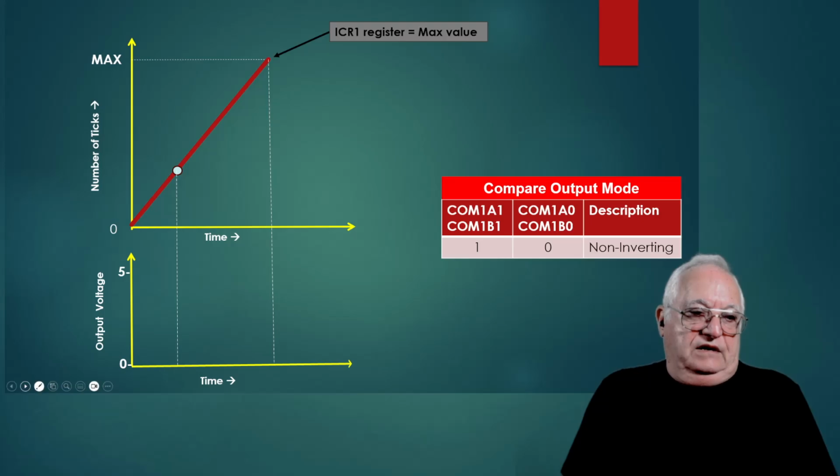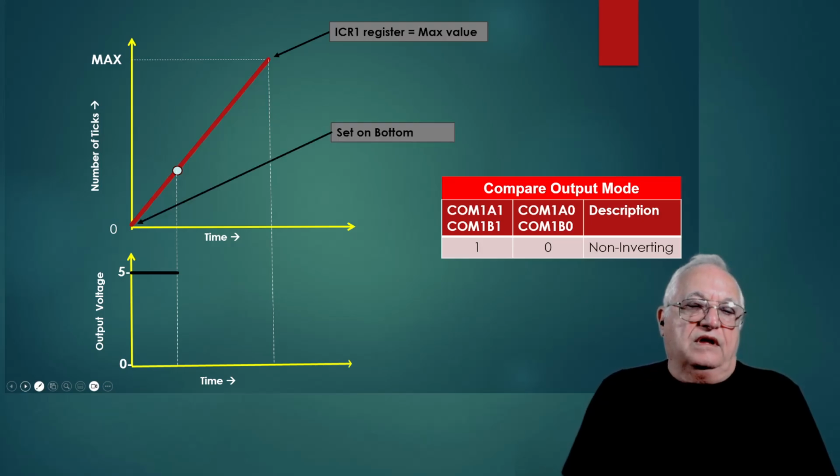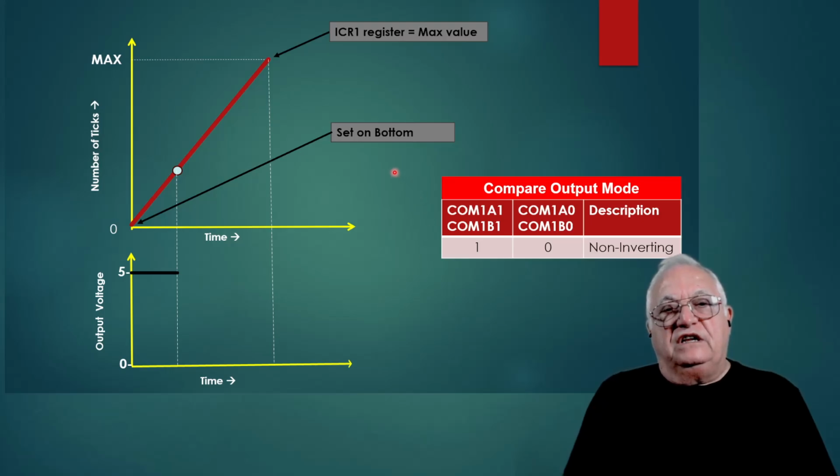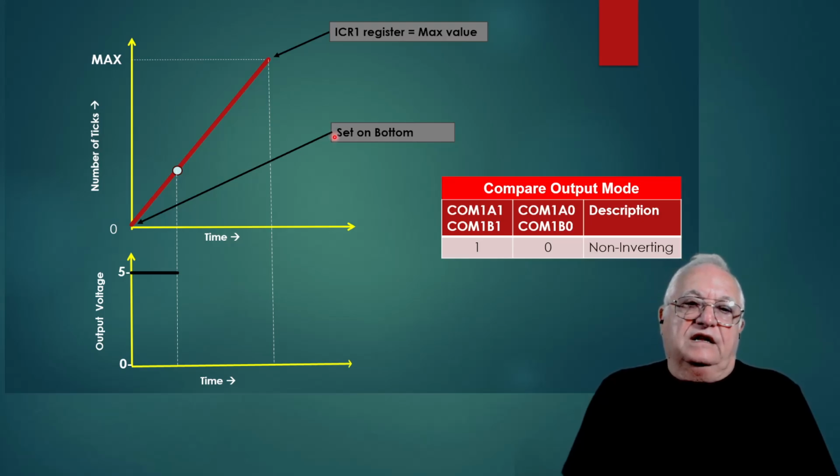So we need to start with a signal of 5 volts. Now, if you read the data sheet, the way they say that is they state "set on bottom", which means that when the signal starts at the bottom, it has to be set, has to be 5 volts. That's what that means.